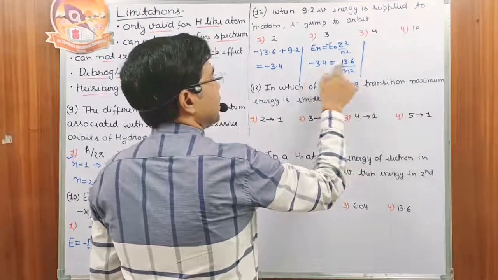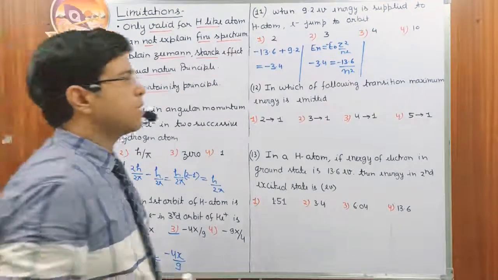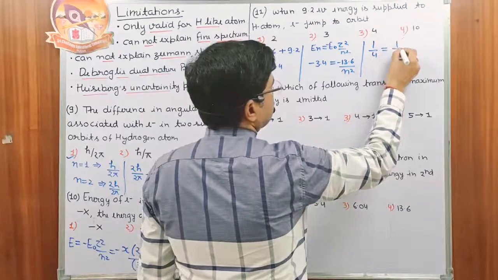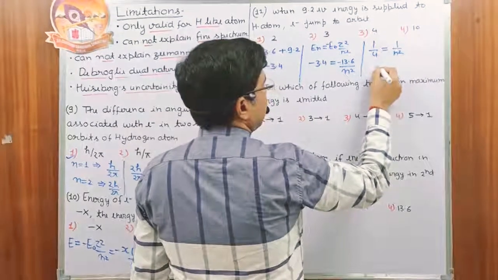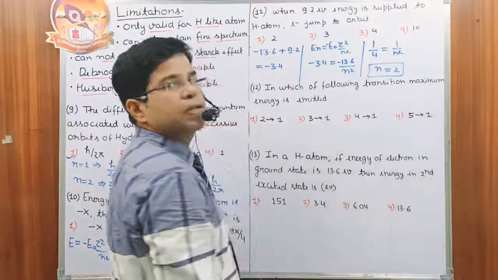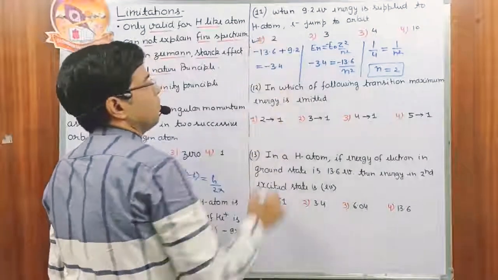The minus signs cancel out. 3.4 divided by 13.6 becomes 1 by 4. 1 by 4 is equal to 1 upon n square. So the n value is 2, meaning the electron is present in the second shell. So the correct answer of this question is option number 1.